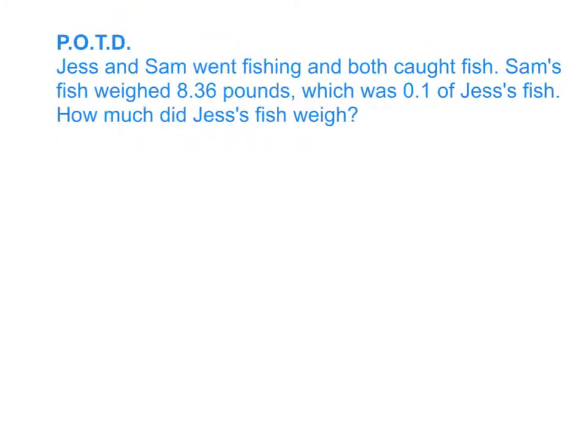How can we use a number sentence to explain what happened with the fish? To explain the relationship of weight with the fish. How much was Sam's fish? Sam's fish was 8 3/36 of a pound, which happens to be 1/10 of Jess's fish, right?